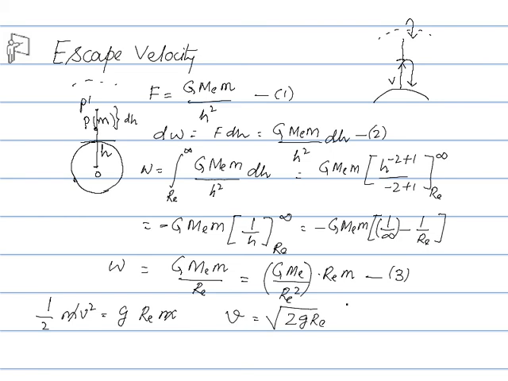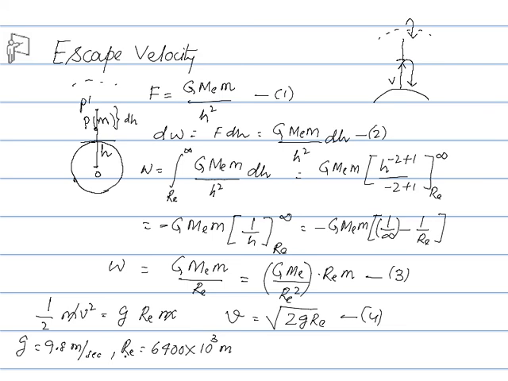Now we have g equal to 9.8 meter per second square, and the radius of Earth is 6400 kilometer, that is this much meter.